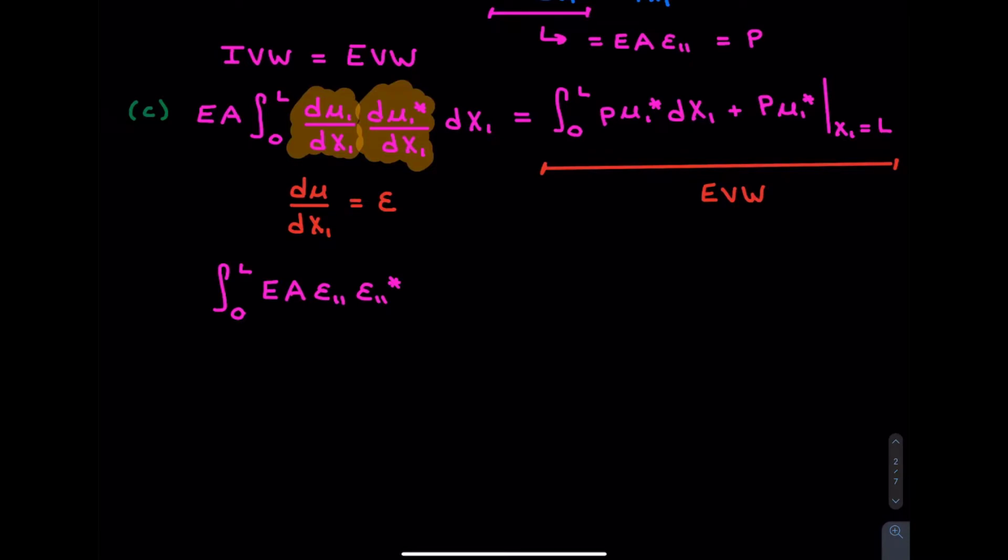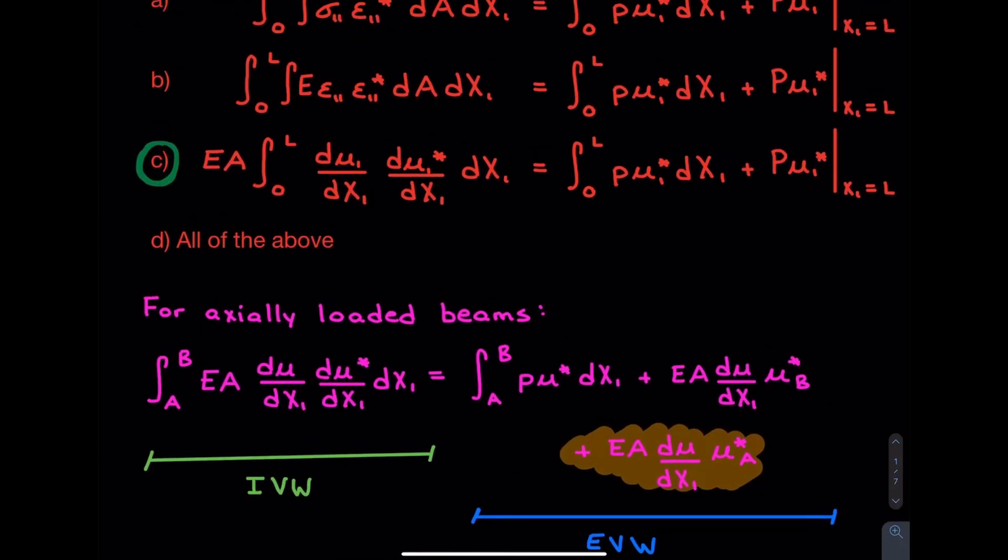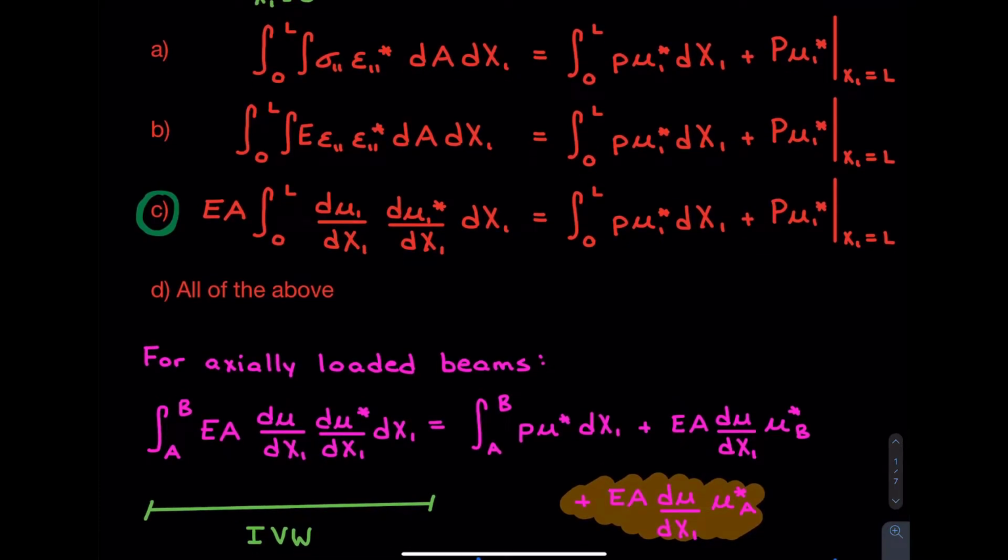And of course this is all with respect to dx1, and this is equal to the external virtual work. If I take what we have right now and look above, it doesn't quite match A or B, so we haven't really done anything yet.